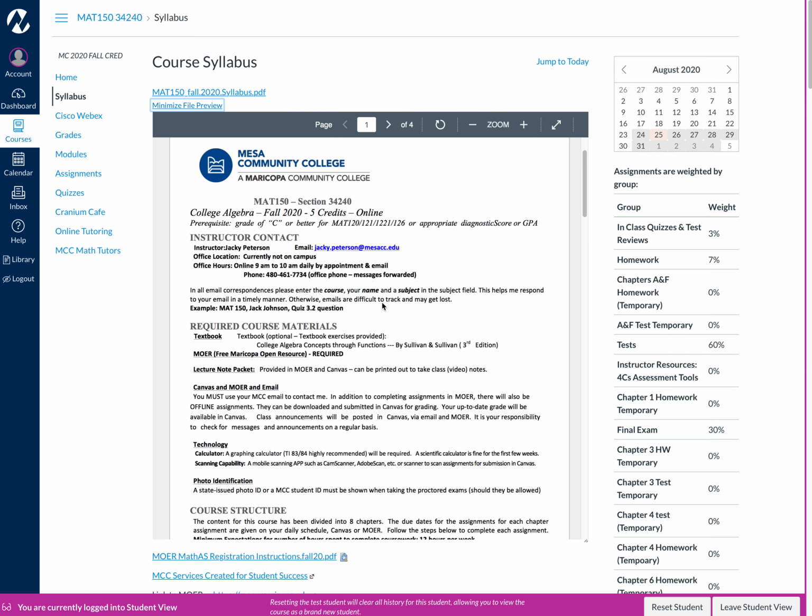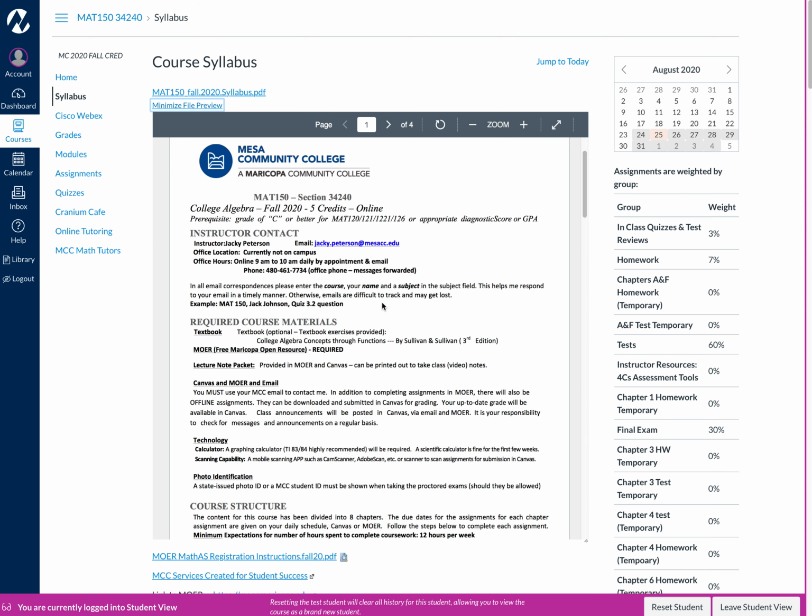That way I know how urgent it is, especially since I had a ton of emails yesterday between my on-campus and online classes, and I have an idea as to whether or not I need to answer a question, or whether I need more information from you because you can't do something that needs to be done, so I can get the information that you need in order to answer whatever question you have.